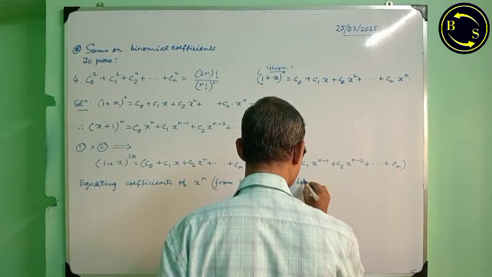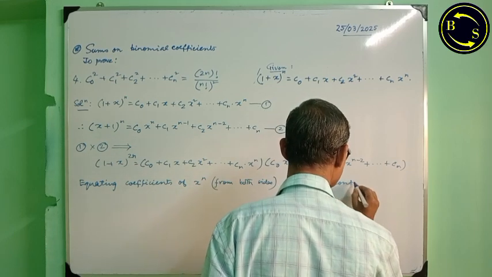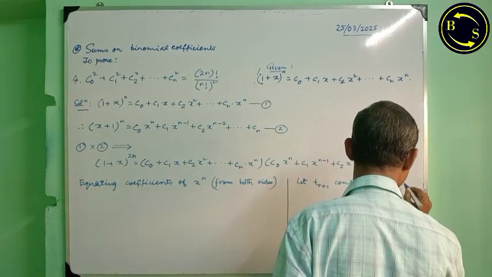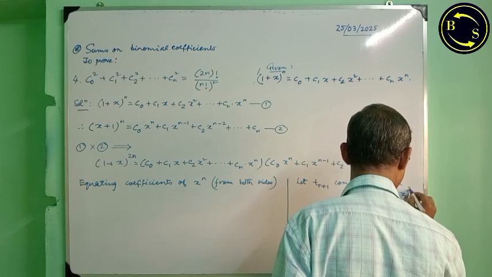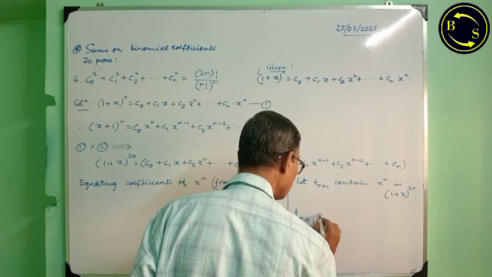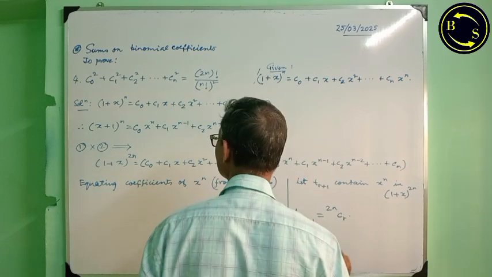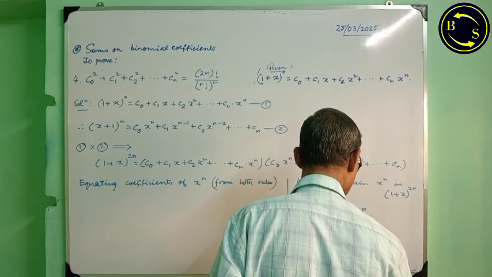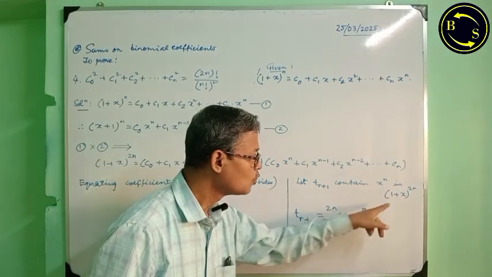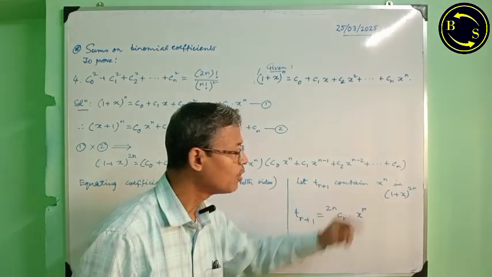Let T(r plus 1) contain x to the power n. 2n Cr, 1 to the power 2n minus r, that is 1 into x to the power r.